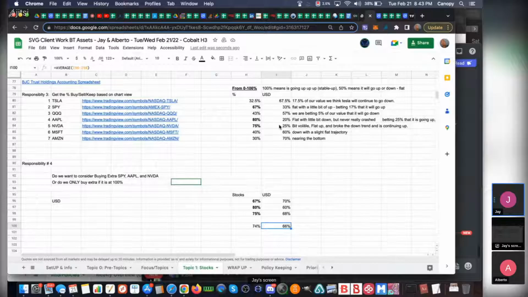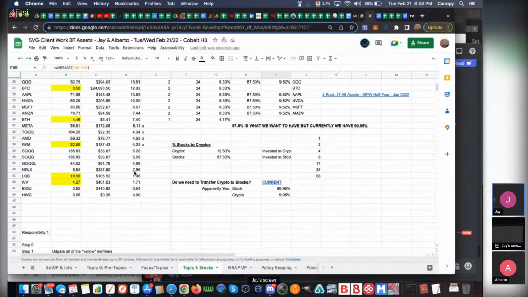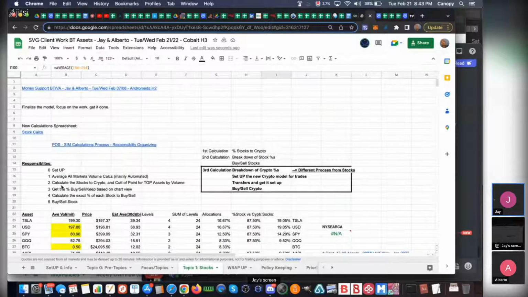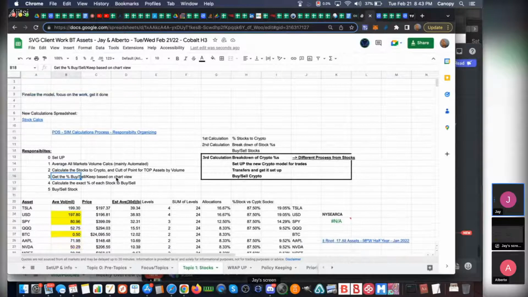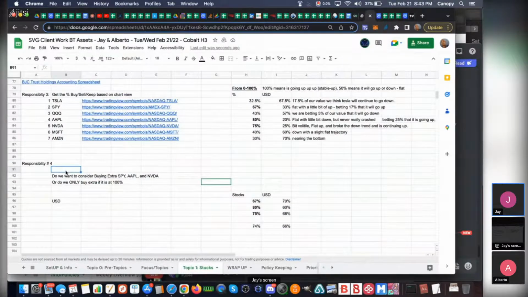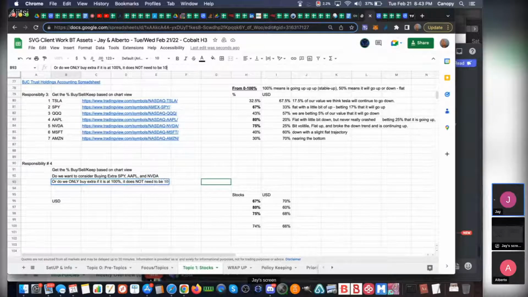So if we have US dollar, then we need to rethink the relationship between the top stocks and the US dollar. Remember, responsibility 4 is to calculate the exact percentage of each stock that we're buying and selling, right? And I think we do need to consider buying extra SPY, Apple, and NVDA because it does not need to be 100%.